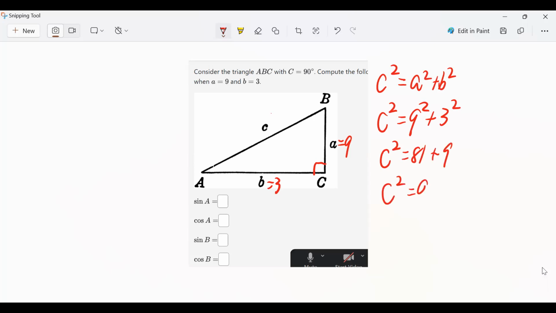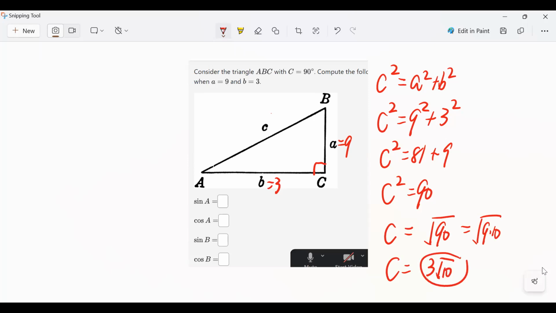Now we take the square root and keep the positive answer. C is the square root of 90, and 90 is 9 times 10, so C is 3 square root 10.